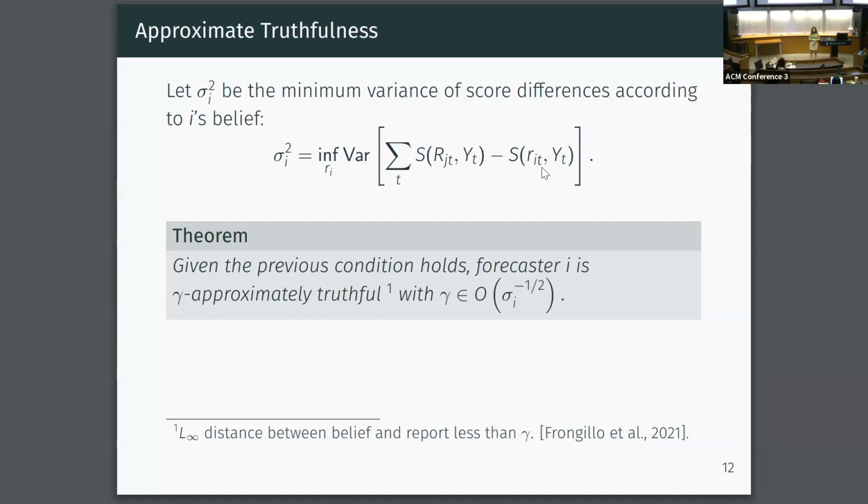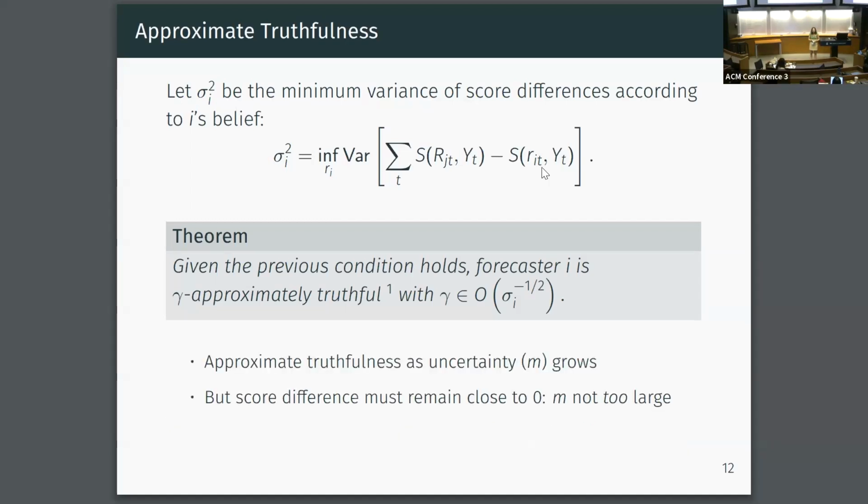And so really what we're seeing here is that the approximate truthfulness parameter, the distance between this report and the belief, is going to decrease as uncertainty grows, right? As this variance term grows. And obviously, as we add more events, that variance is only going to increase.